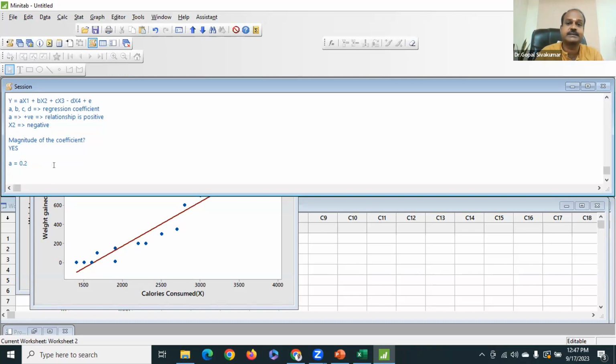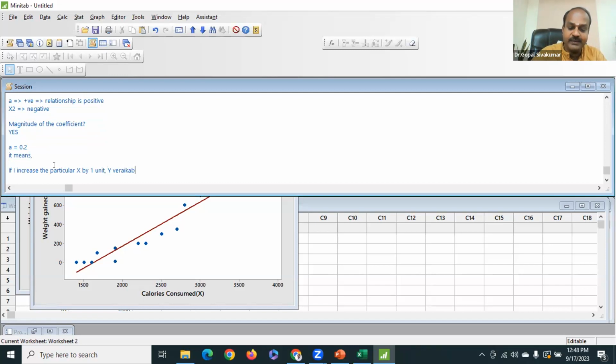It means if I increase the particular x by 1 unit, y variable is expected to increase by 0.2 units on an average.